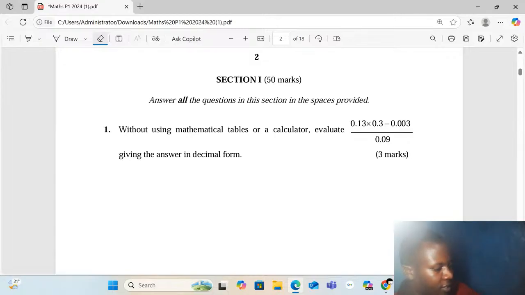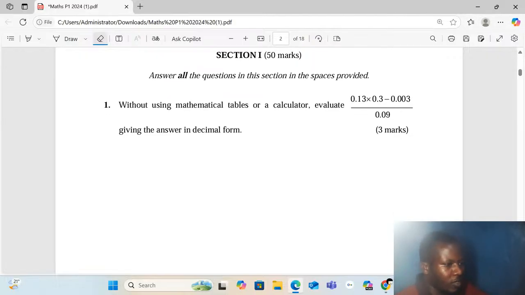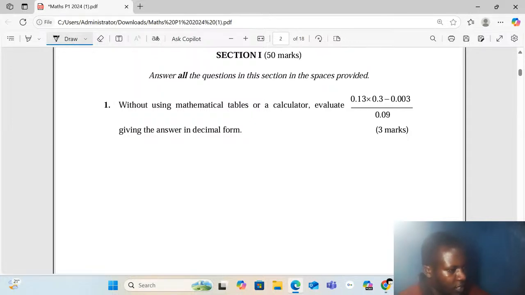In this case, I can take 13 over 100 times 3 over 10 minus 3 over 1000.